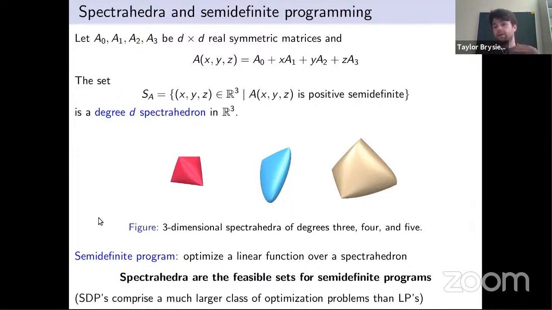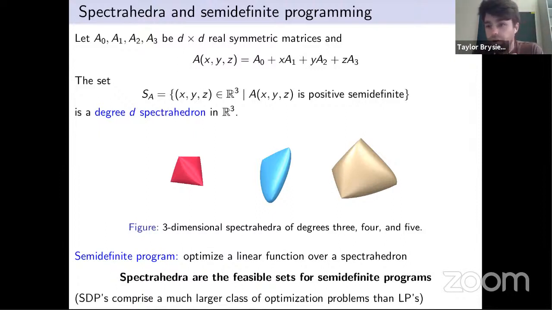And just like polytopes or polyhedra are the feasible sets of linear programs, these spectrahedra are also the feasible regions for some class of optimization problems. In this case, they're called semidefinite programs. And since, as we saw on the last slide, polyhedra are special cases of spectrahedra, a semidefinite program is a generalization of a linear program. And so there are many other optimization problems for which semidefinite programs can be applied.